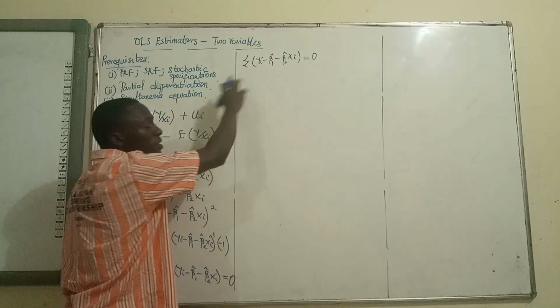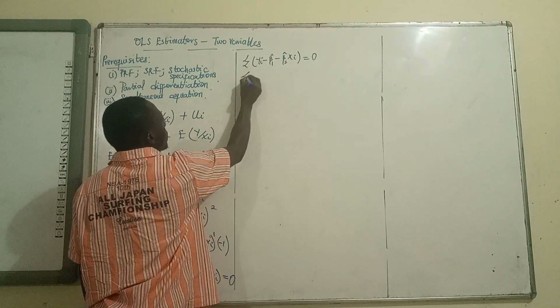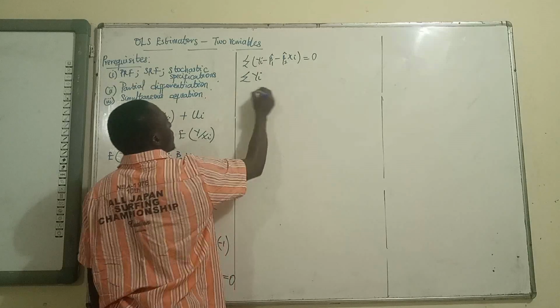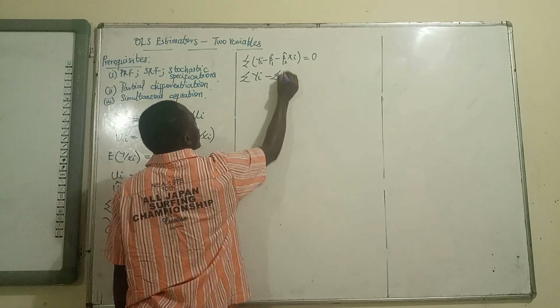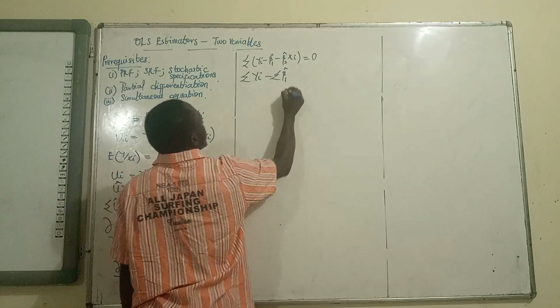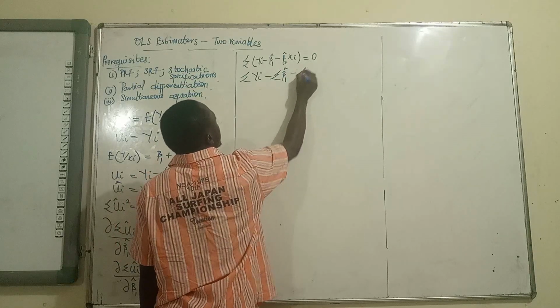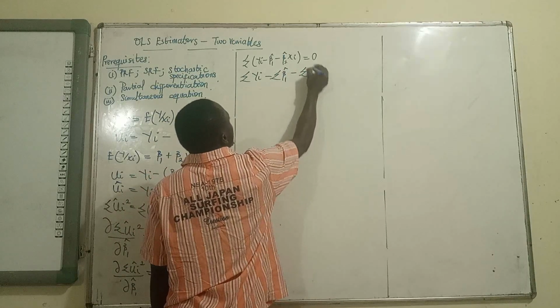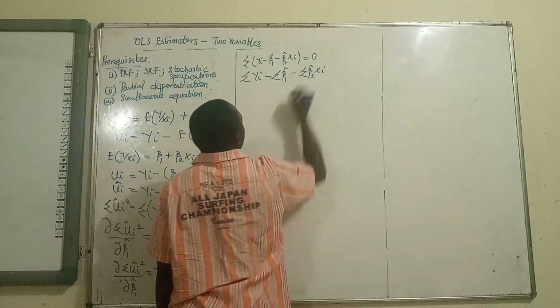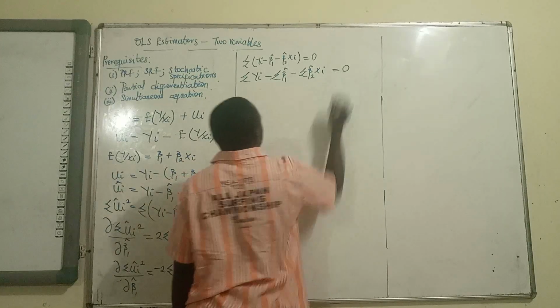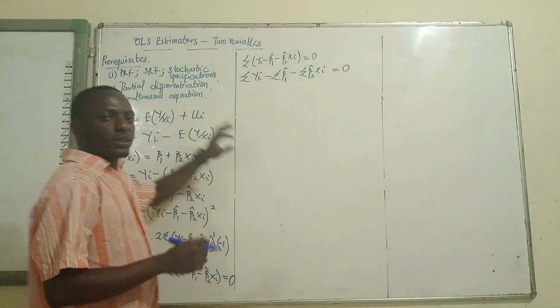Having divided both sides by minus 2, from what we have here I can open this bracket up with summation. I have summation yi minus the summation of beta 1 cap minus the summation of beta 2 cap xi equals 0. Here we do a little bit of arrangement.